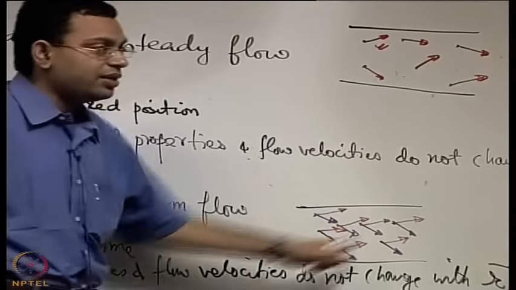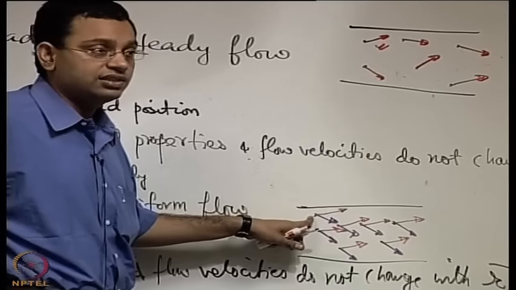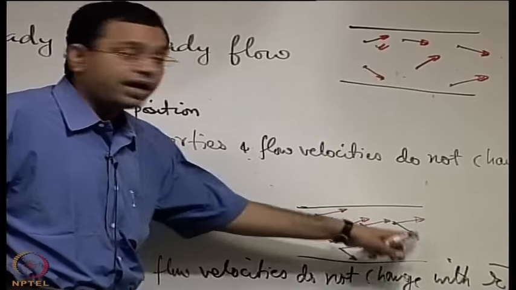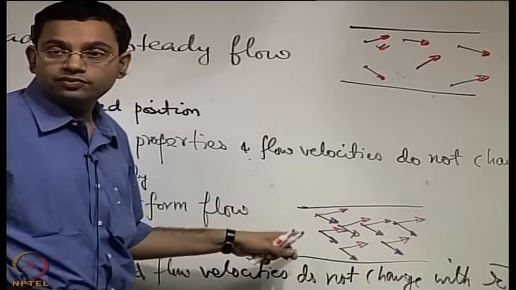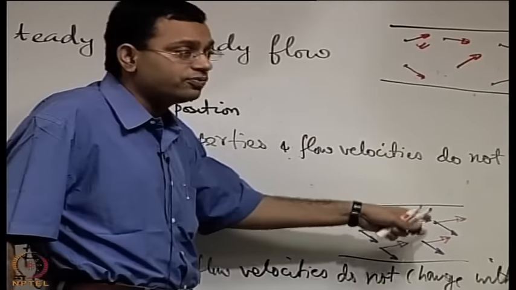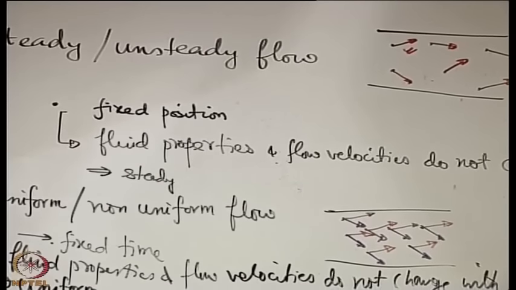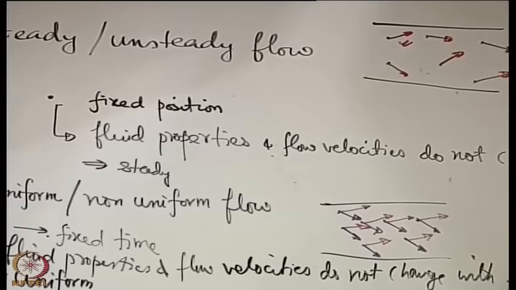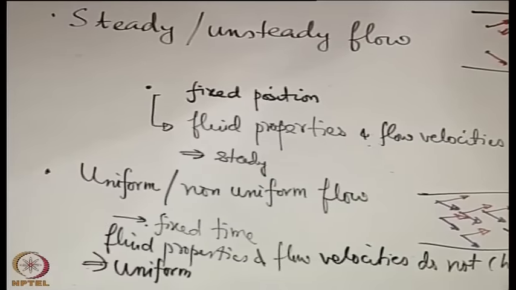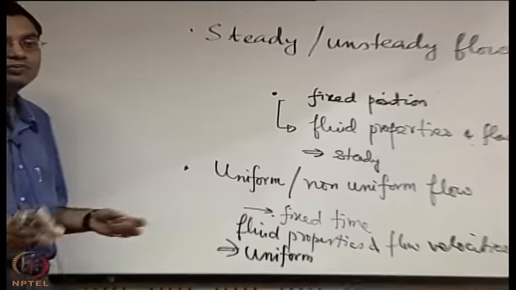So with change in time, at a given point if you focus your attention, you can see that the velocity has changed, so it is unsteady, but at a given instant of time it is same at all locations, so it is uniform. So it is possible that you may have unsteady but uniform flow, just like it is possible to have steady and non-uniform flow. So steadiness and uniformity should not be confused as equivalent concepts, they relate to two different things. Of course there may be relationships between these two in very special cases.